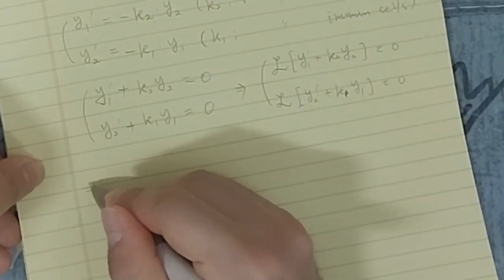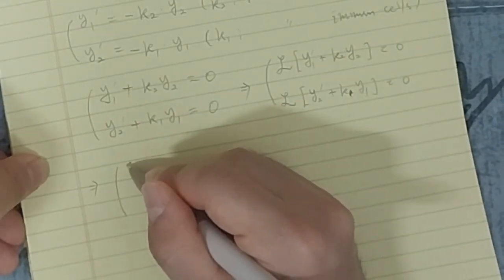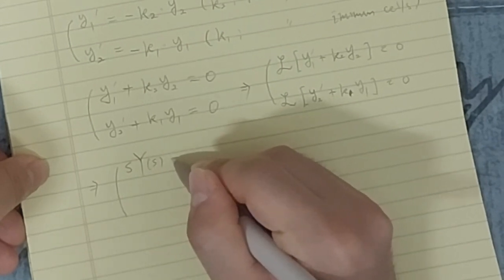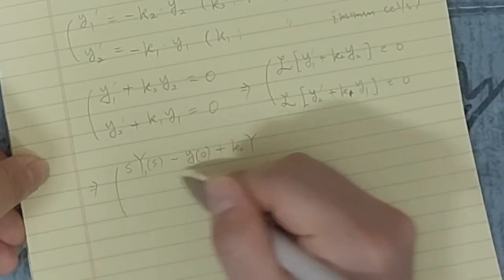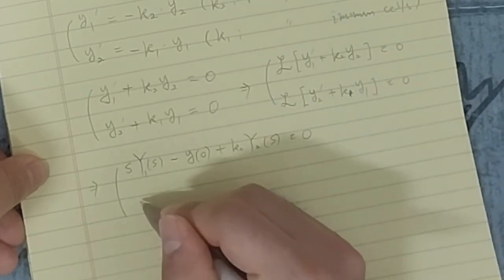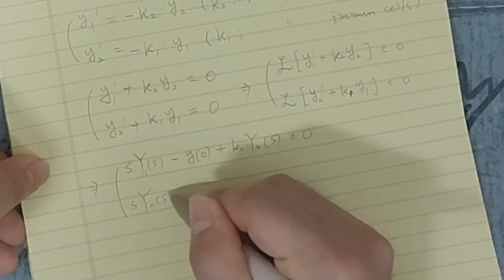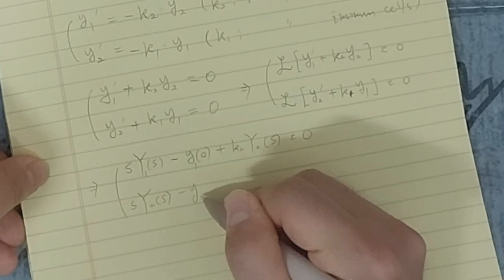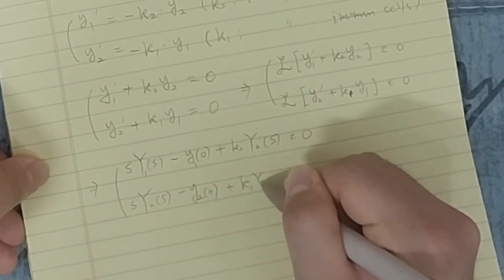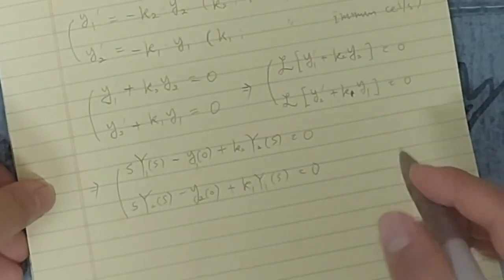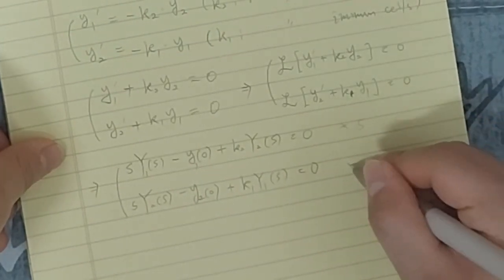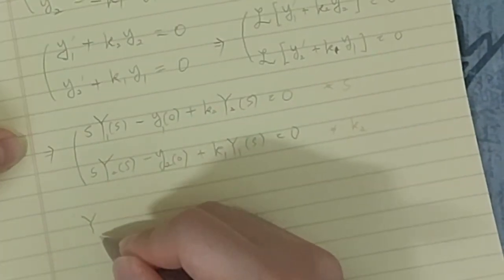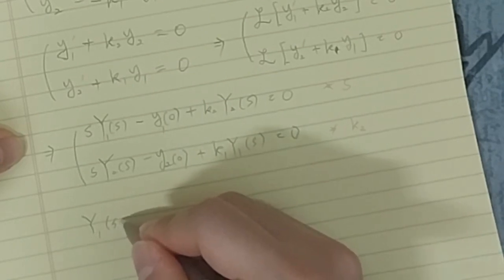And that becomes like this. And to solve this, multiply s to these terms and multiply k to this term, and we get y1 s.